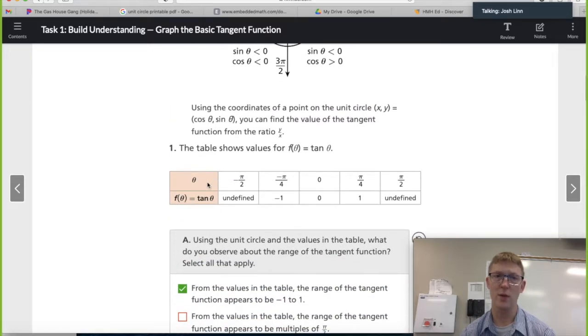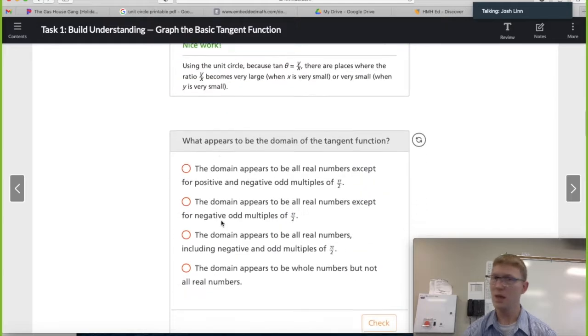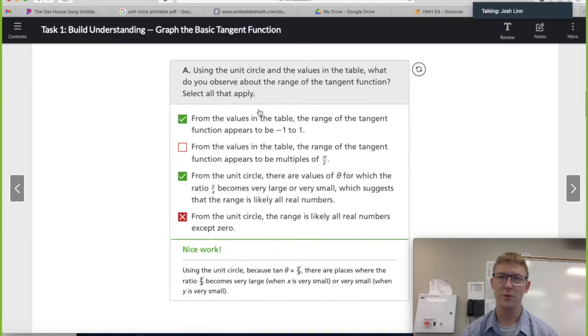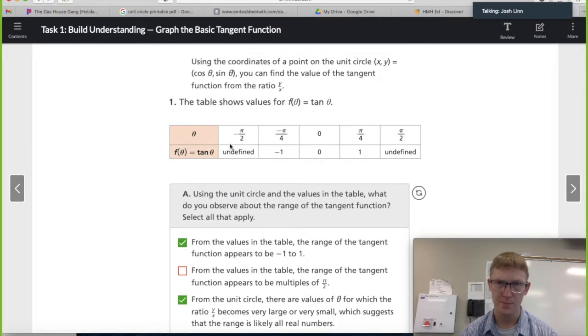Here is where we have some theta values, or x values, where we do not have a y value. So the domain is not going to be all real numbers. We could say it's all real numbers except for positive and negative odd multiples of, is that odd multiples?